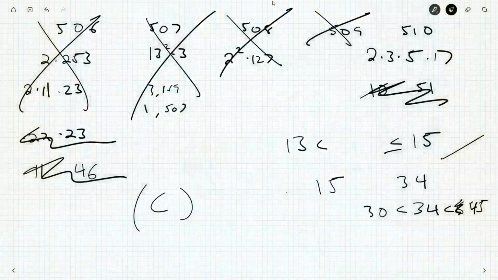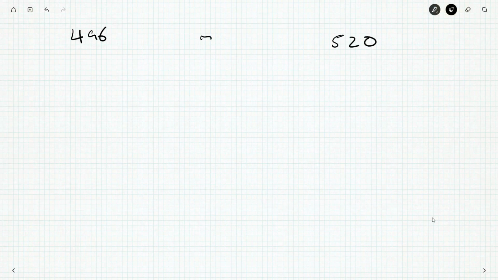If I'd been smarter about this, I could have made a comment: it's 496 to 520, so MN's got to be somewhere in here. So maybe this is a slight shortcut.